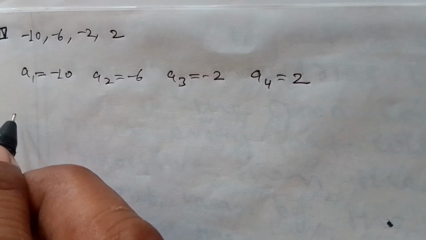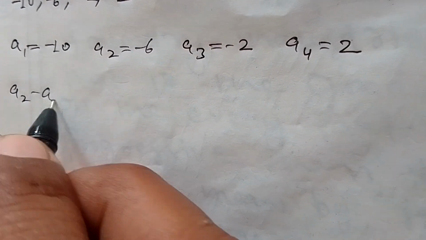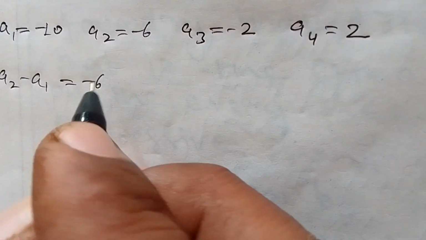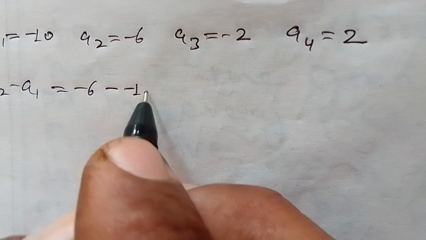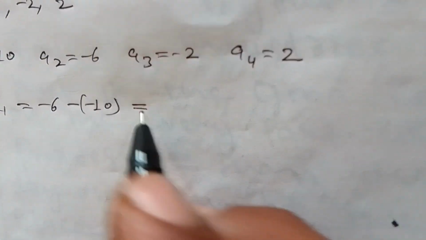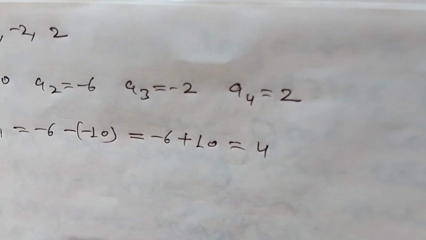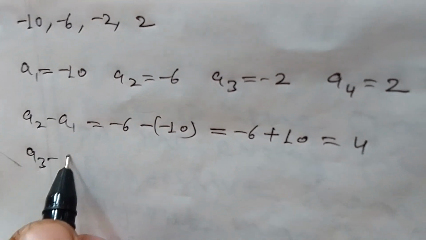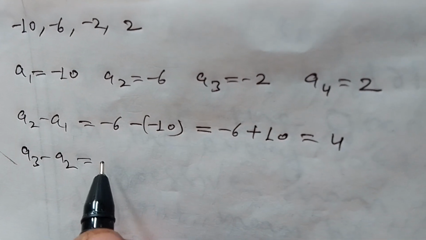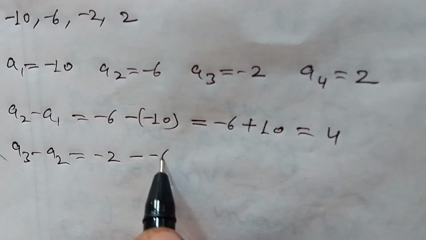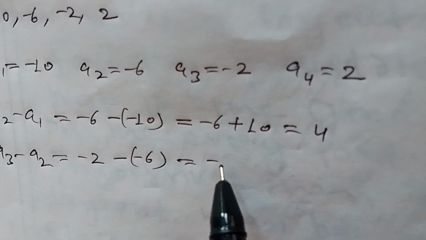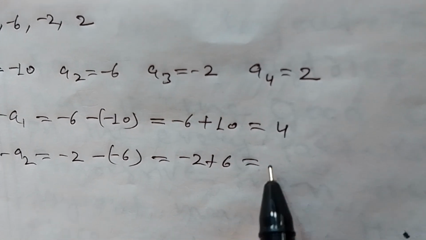So now A2 minus A1, minus 6 minus (minus 10), comes out to be minus 6 plus 10, that comes out to be 4. Then A3 minus A2, that is minus 2 minus (minus 6), that comes out to be minus 2 plus 6, that also comes out to be 4.